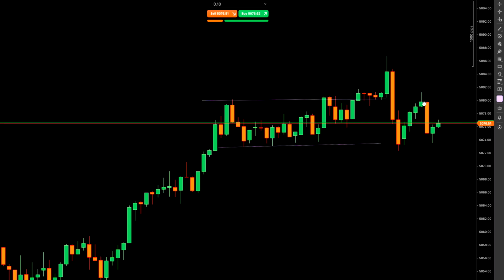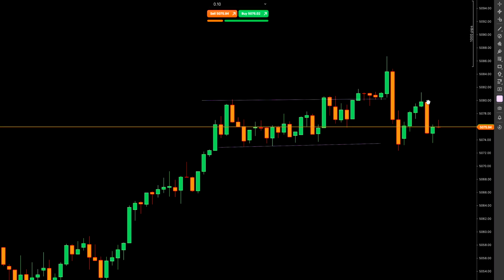But still, it's not final, because you can see that this area is lower than this one. So this is a sign of weakness as well. Now you're going to have to watch out for both this area and over here.